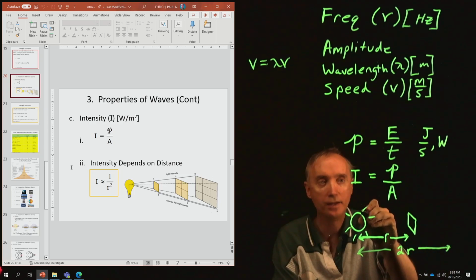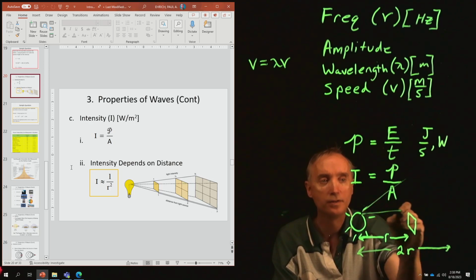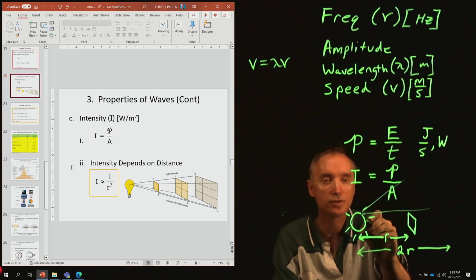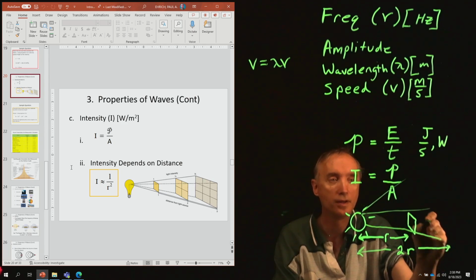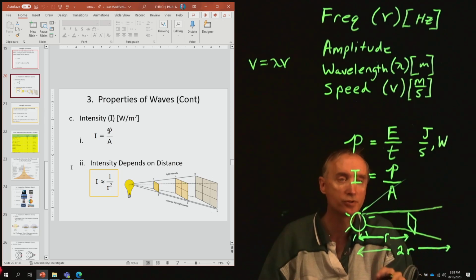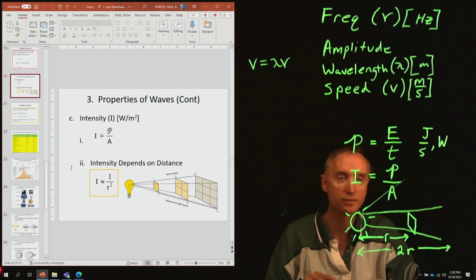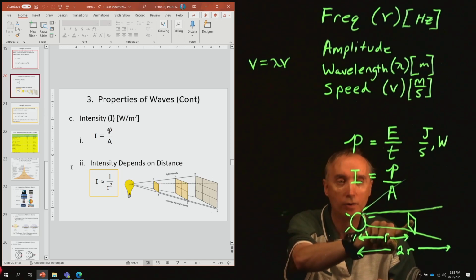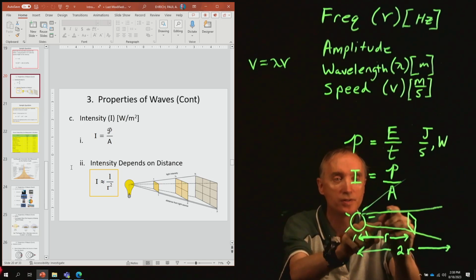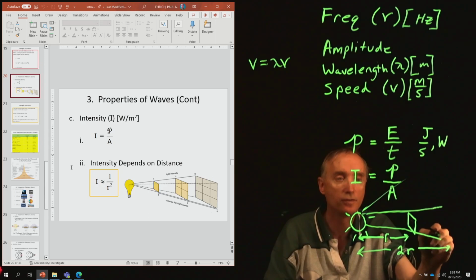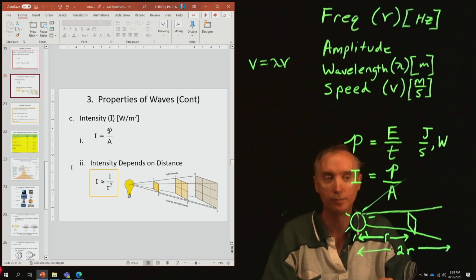Now this light is going in all different directions. So can you see that some of the light is going to go like this? Now let's pretend that we want to still capture all of the light that went through this window. But notice that it's spreading out the further away it gets from the light bulb.